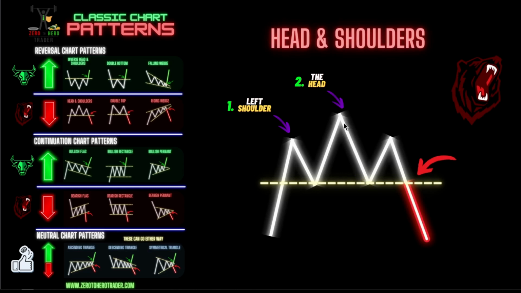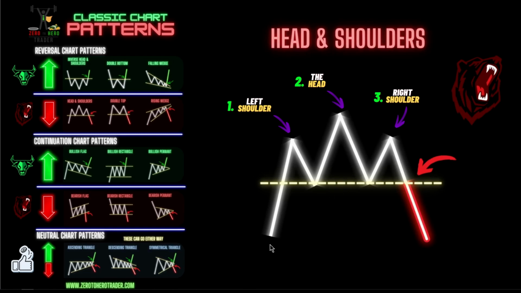All right, and that is component number 2, the head of your head and shoulders. Then it's going to bounce off of that support, come back up, make a lower high, and come back down to that support again, forming your third component, which is going to be the right shoulder.